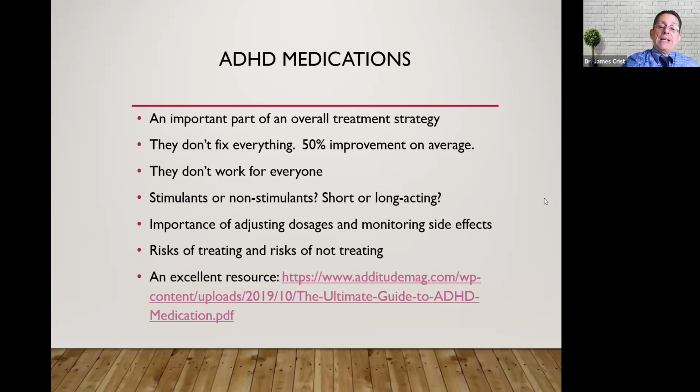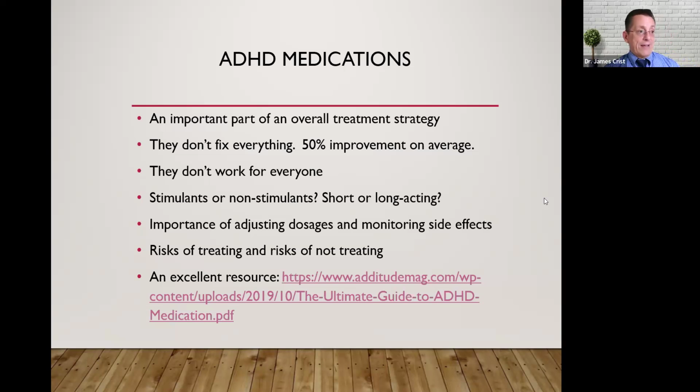There are risks of treating kids with medication. Again, lack of appetite can kind of stunt your growth a little bit if you're not eating at all and losing your appetite completely. Some kids will get more aggressive on some of these medications, especially if they have another disorder going on. Those are generally rare. What I often tell parents is there's a risk of treating.